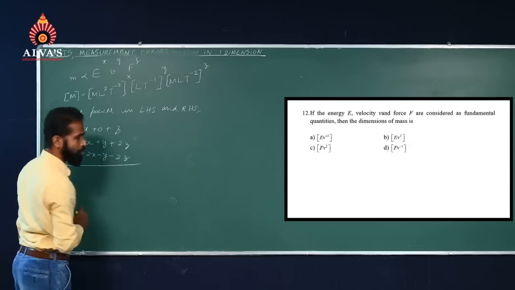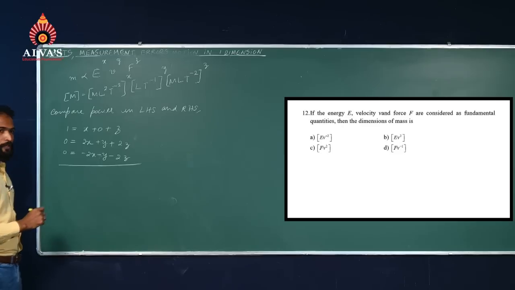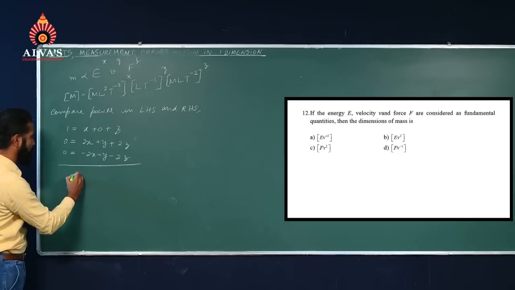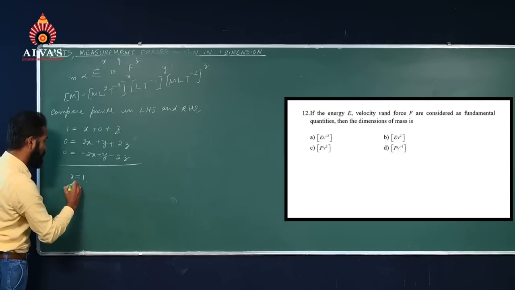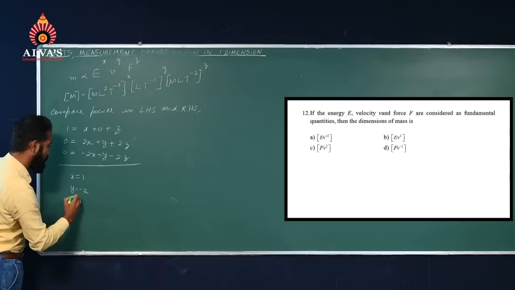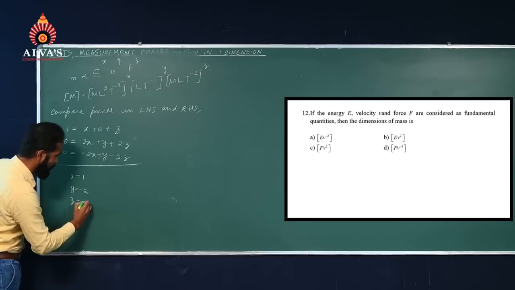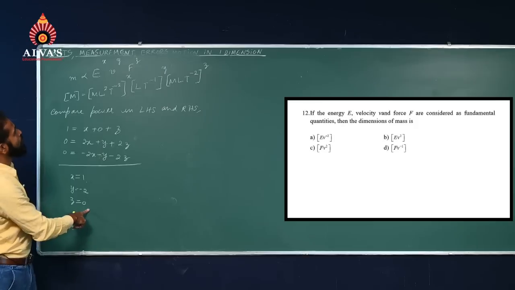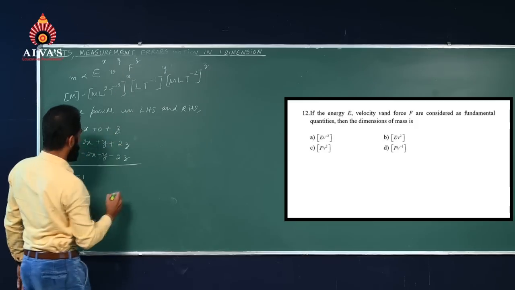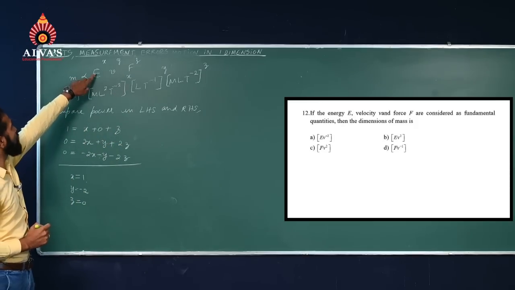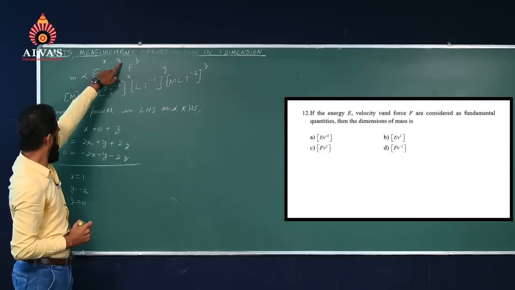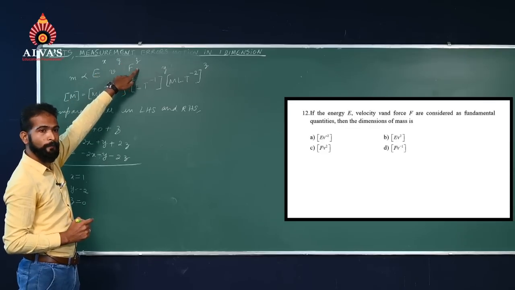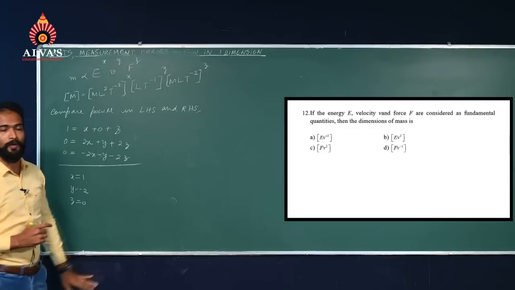So we only need to solve these equations. After solving these equations, I get x is equal to 1, y is equal to minus 2, and z is equal to 0. If you substitute these three values in the main equation, it becomes E to the power 1, V to the power minus 2, and F to the power 0. That gives you option 1 as the correct answer.